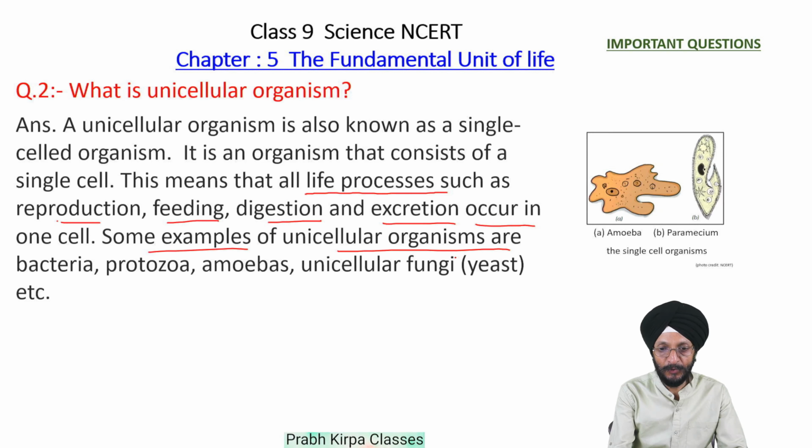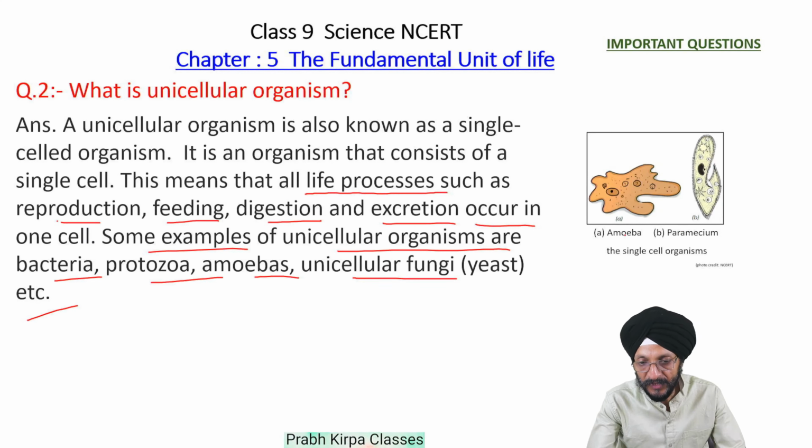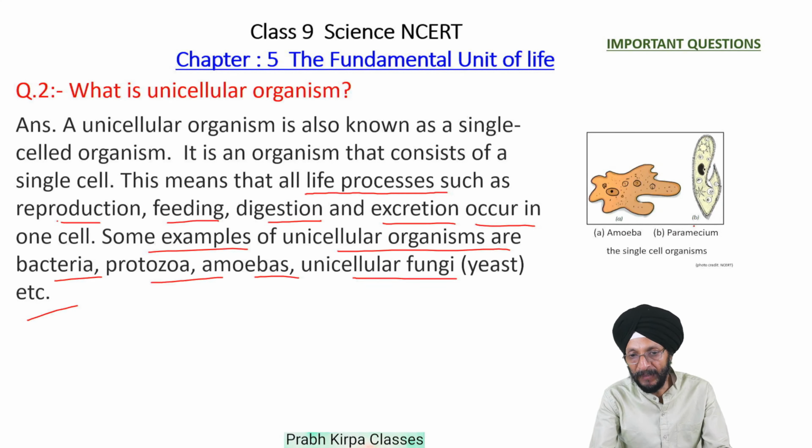Some examples of unicellular organisms are bacteria, protozoa, amoeba, unicellular fungi, etc. Here we have given the picture of amoeba and paramecium, which are single-celled organisms.